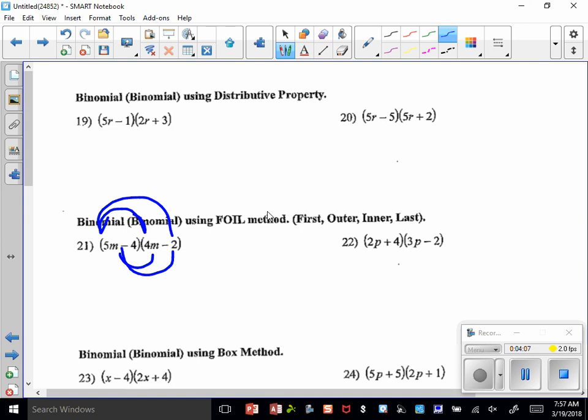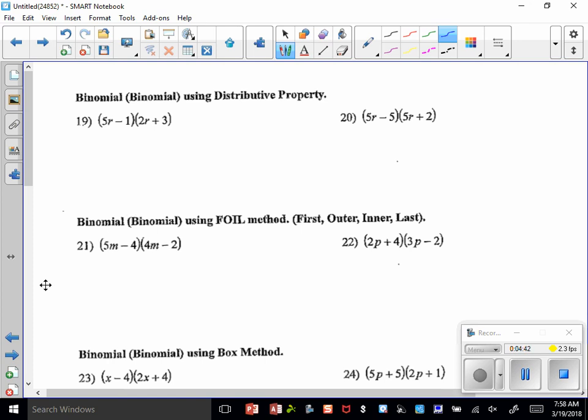So it's really just an acronym because it is a common thing to multiply a binomial times a binomial. But as long as you know you're taking that first term and distributing it to both, and then taking the second, you're fine. If you want to remember first, outer, inner, last, you will hear that acronym a lot when you are distributing twice, okay? Just want you to know it's there. All right, so let's actually perform first, outer, inner, last, which is what we did in 19 and 20 as well.